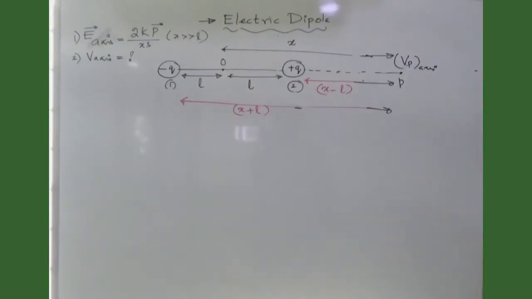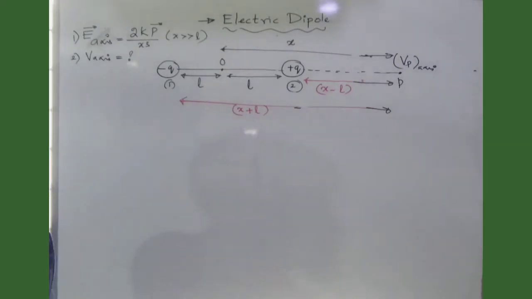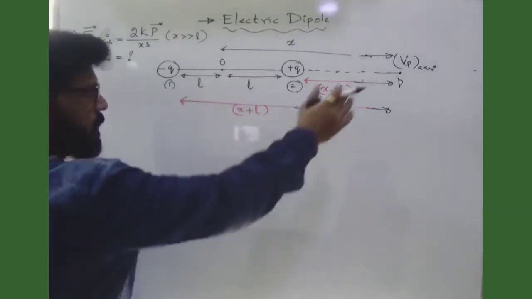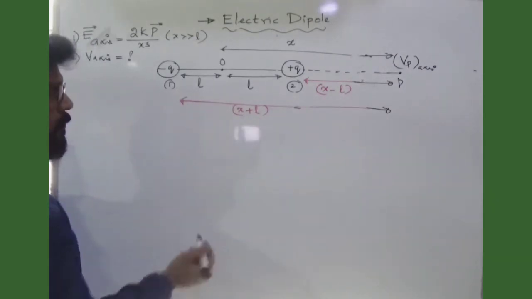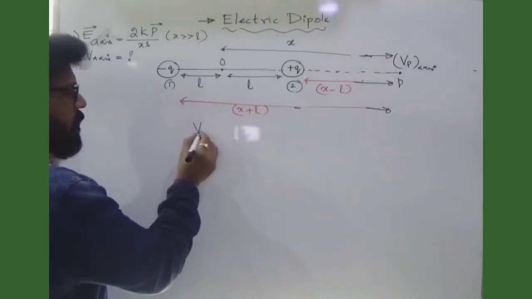Right now we would like to calculate the electric potential due to an electric dipole on its axial line at a distance of x from the center. So here, we want the potential at point P due to the first charge and the second charge.